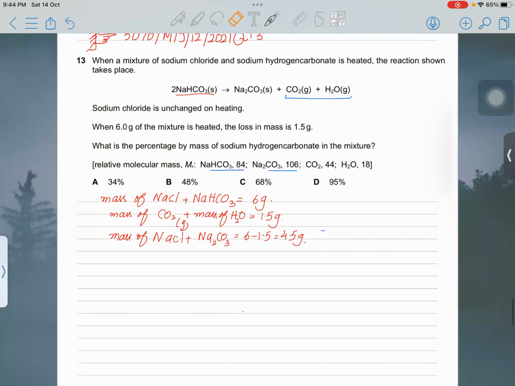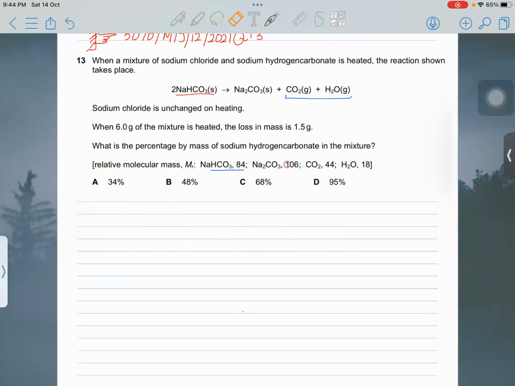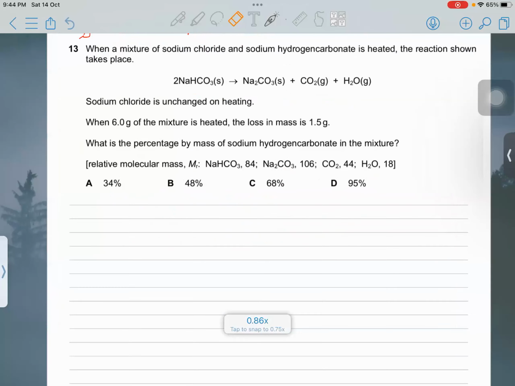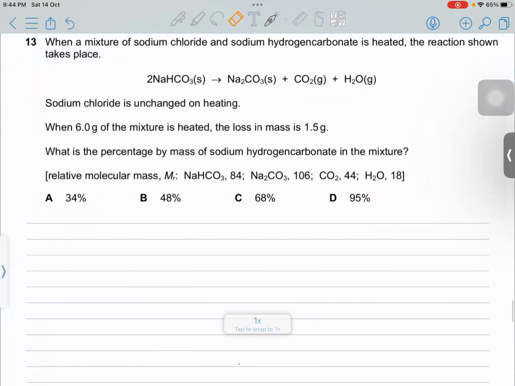So look, try to solve it again, right? Read the question and solve it again. So we have a mixture. In this mixture, sodium chloride is added along with sodium hydrogen carbonate.